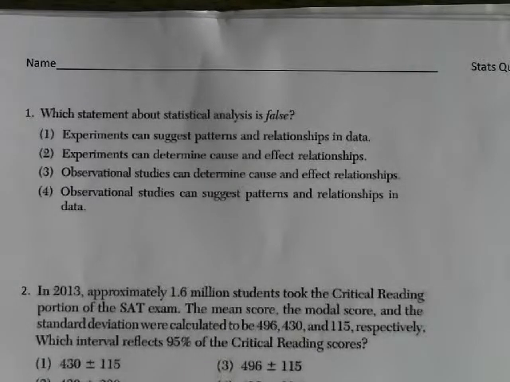Okay? Everything can suggest patterns and relationships. They can suggest that there's a pattern. Nothing really proves that there's a pattern or a relationship. Nothing fully proves it. But everything can suggest it. So experiments can suggest patterns and relationships, and observations can suggest patterns and relationships in data. So 1 and 4 are fine.